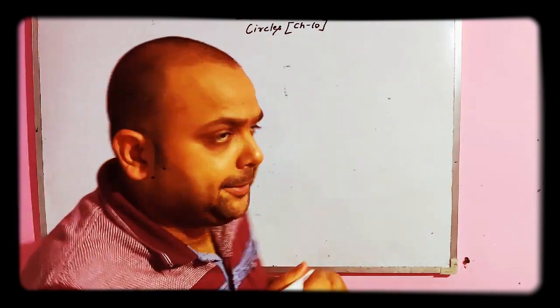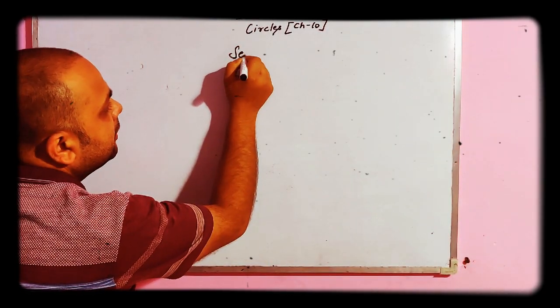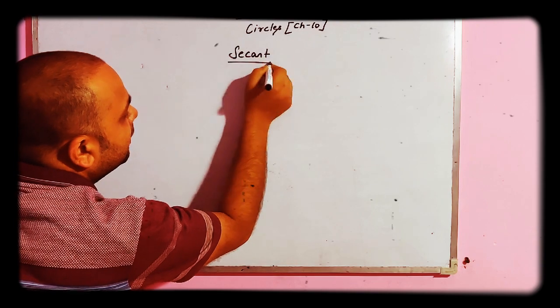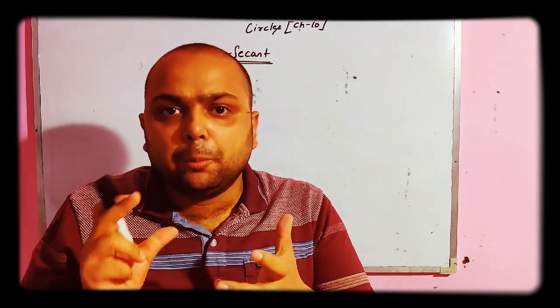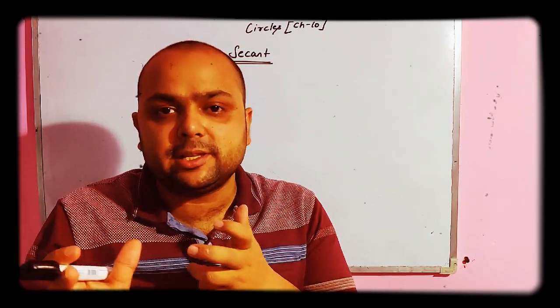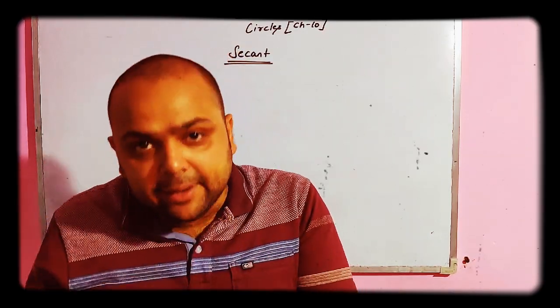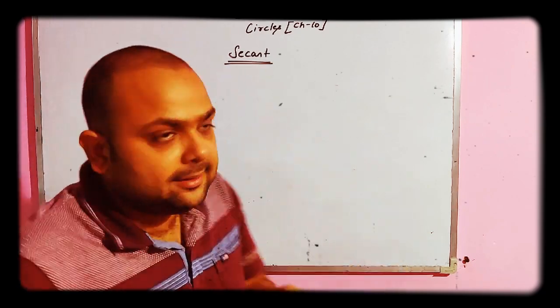Now we will understand the meaning of secant. Secant is very similar to a chord, but the most important difference between both is that a chord is a line segment and a secant is a line. See this diagram?